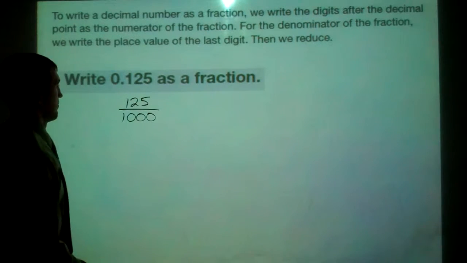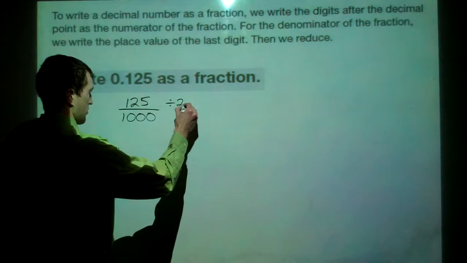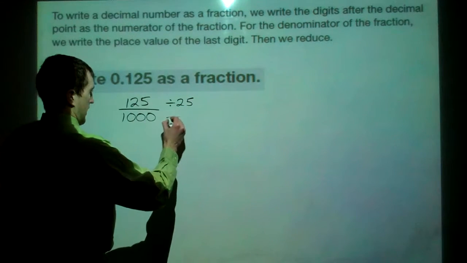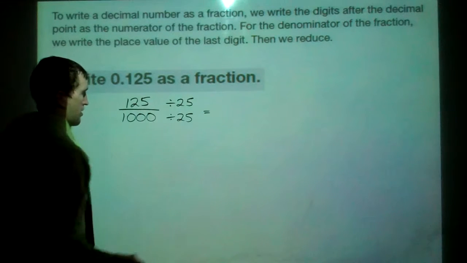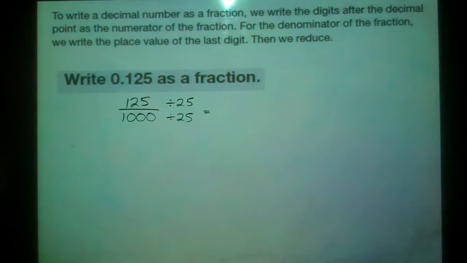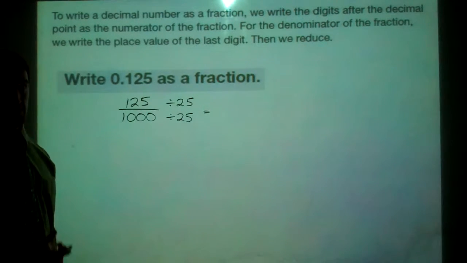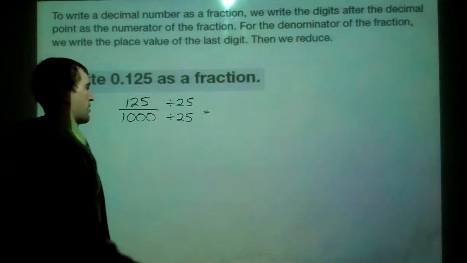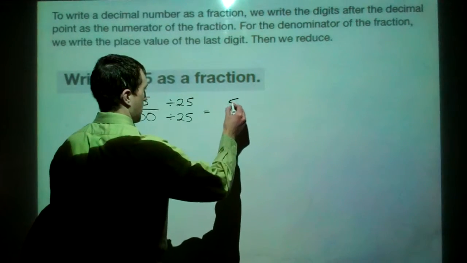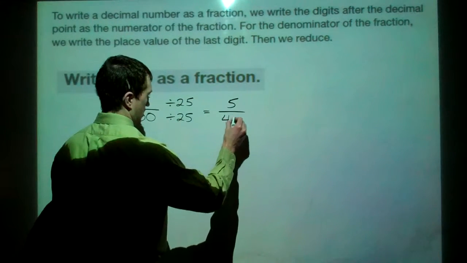So we reduce it. I know that 25 goes into both of these, and there is a bigger number I could use, I'm sure, but I'm just going to go with what I know here. I could even start off by dividing by 5 and just breaking it down that way. But 125 divided by 5 is 25, and 1,000 divided by 25 is 40.